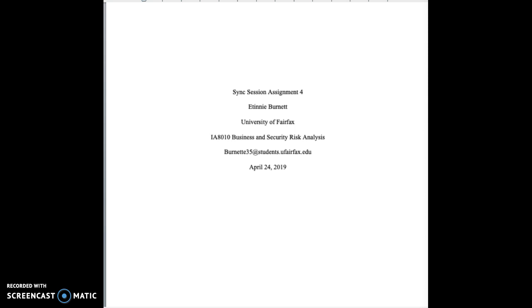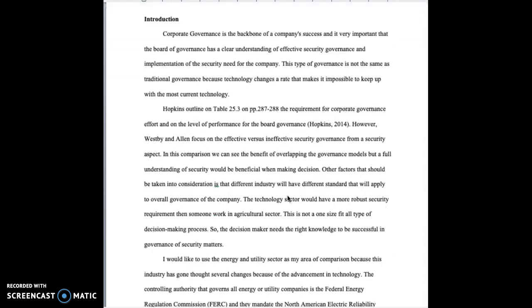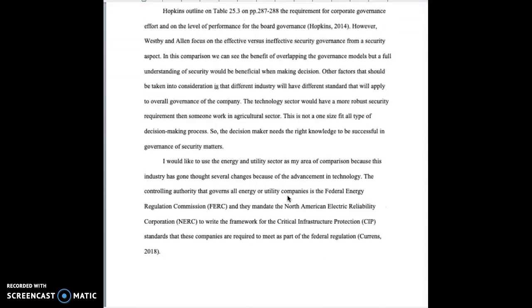Basically, this week's topic is the comparison of the effective versus ineffective security governance model presented by Wesley and Allen, comparing it to Hopkins' evaluation of the effectiveness of a board. In this week's paper, I gave an introduction, which I'll cover, comparing the two.